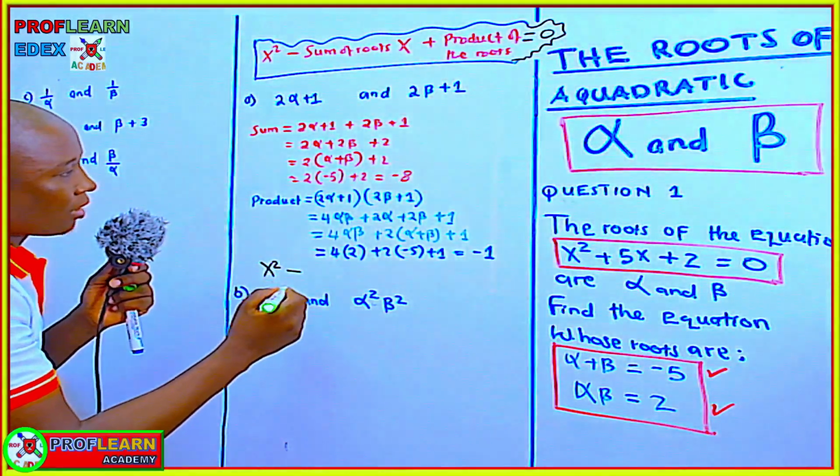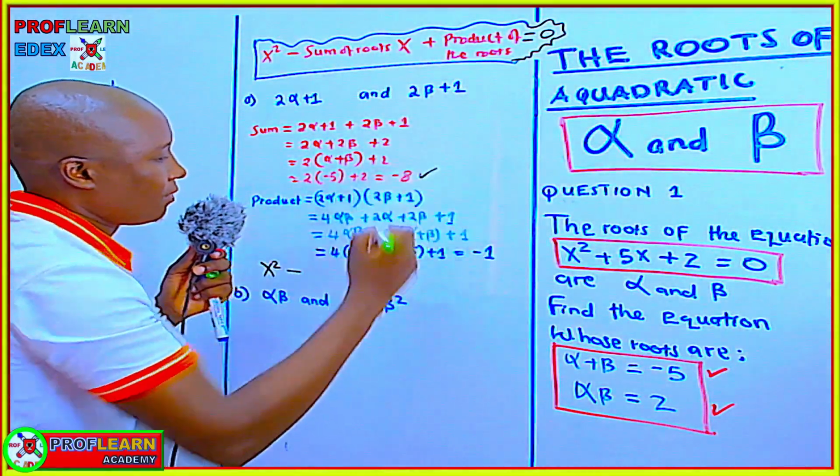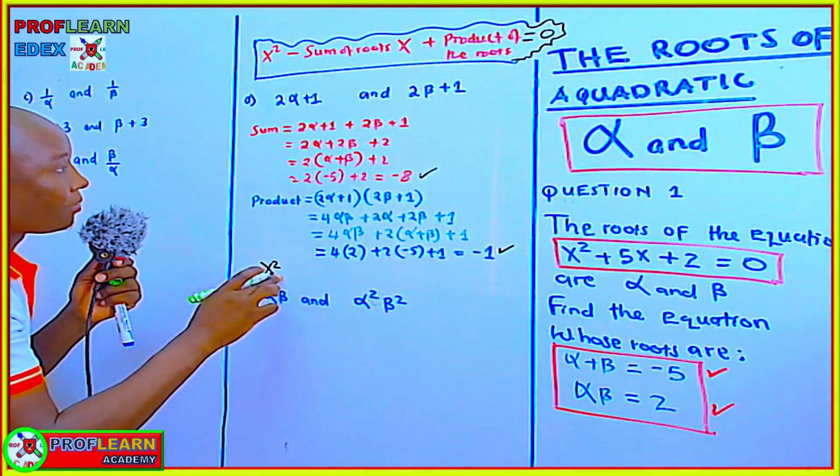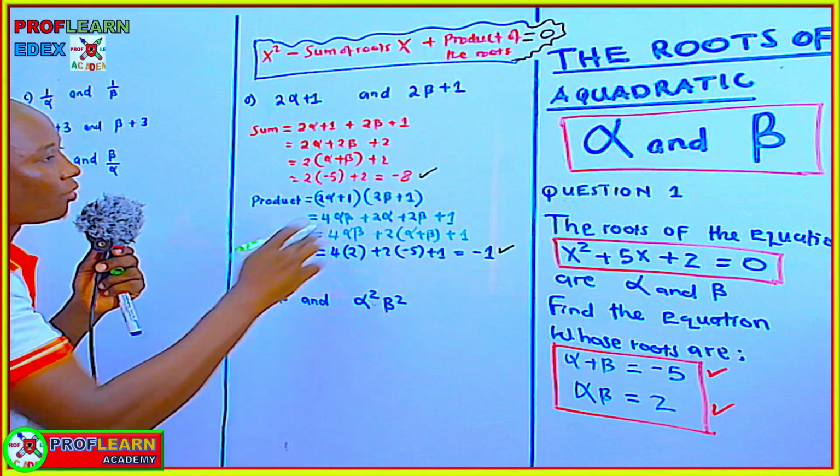So in our case, we have the sum here and we have the product here. Meaning our answer is going to be x squared negative of the sum.